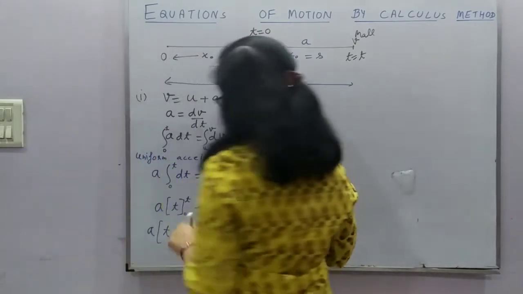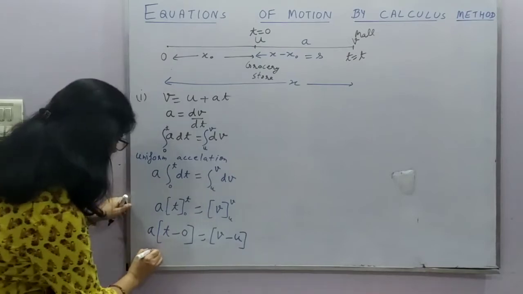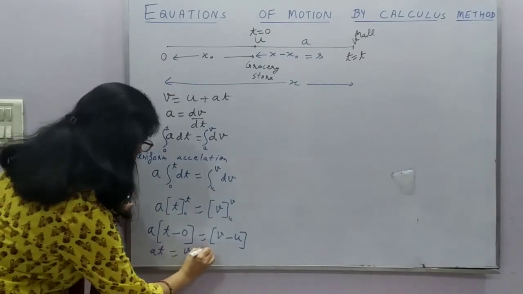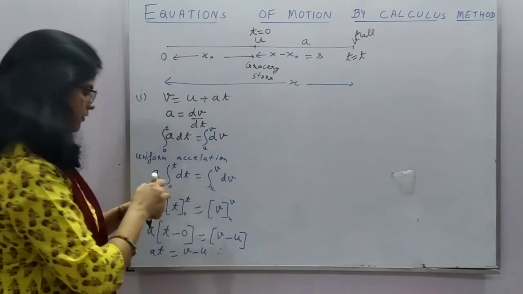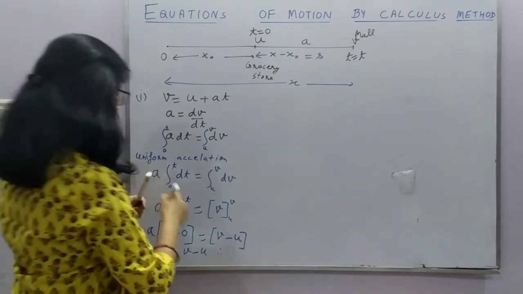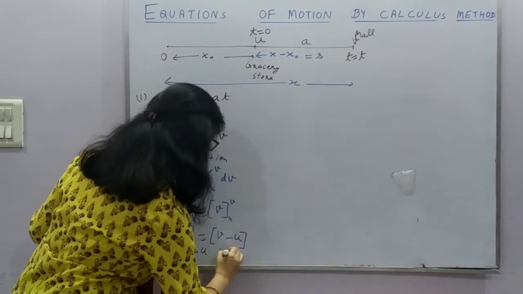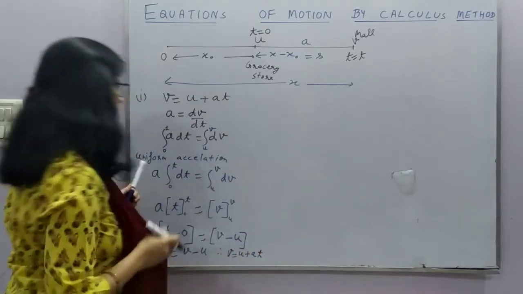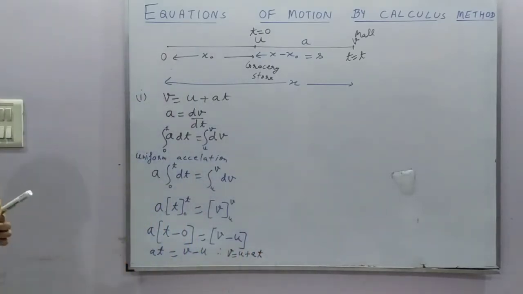So this gives us at is equal to v minus u. Therefore, v is equal to u plus at. So this derives our first equation of motion by calculus method.